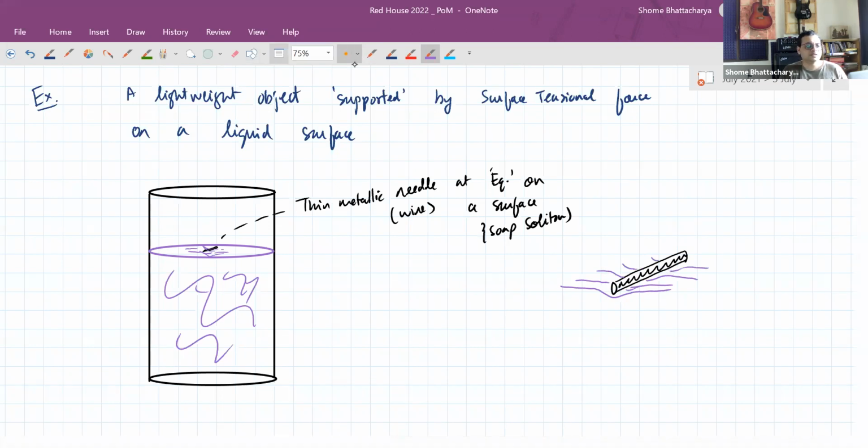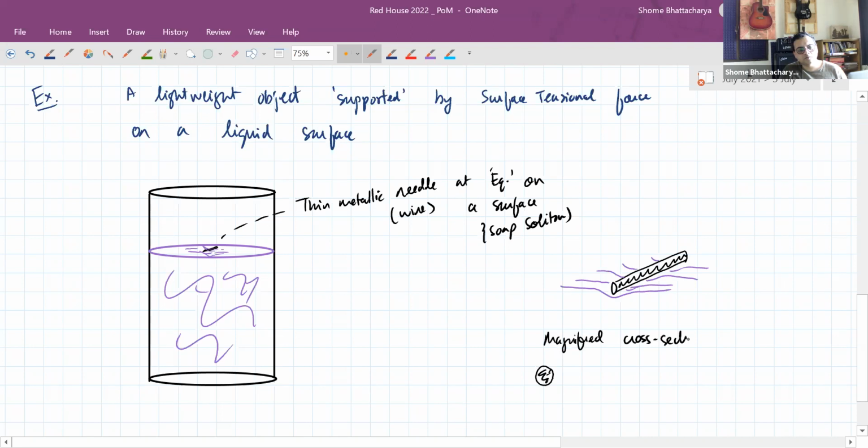If I further magnify this and look at the cross section, a magnified cross-sectional view of it, then what I'll observe is that the surface of the liquid where it is in contact with the needle is bent like this. My diagram might be a little exaggerated, but it's definitely going to have some kind of contour like this.